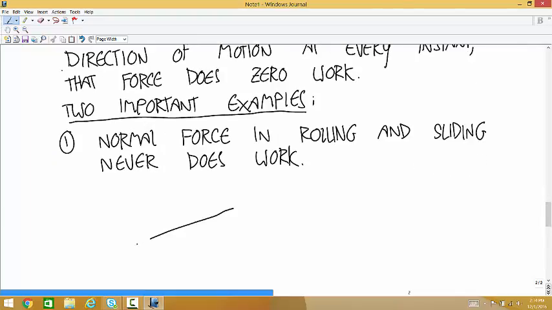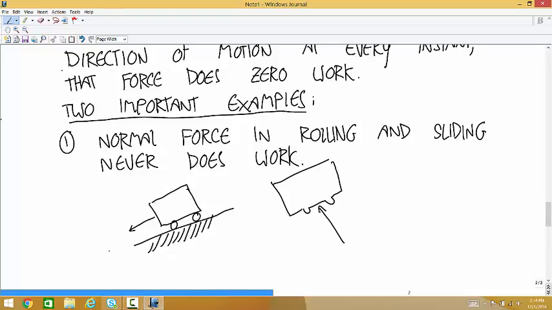Think about an object rolling on an incline. The direction of motion is up or down the incline, parallel to this surface. What's the direction of the normal force? Yeah, the normal force is that way. And so the direction of motion and the normal force are always perpendicular.